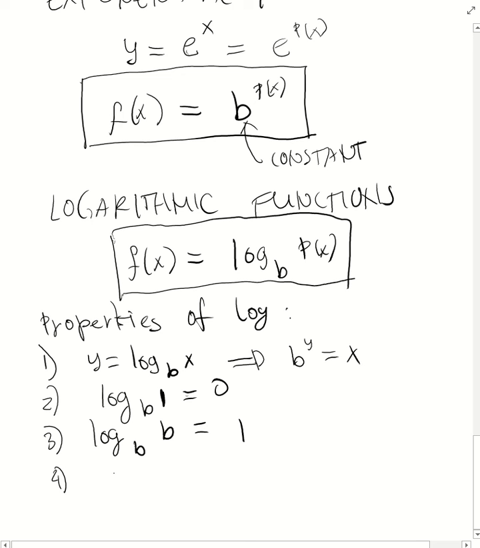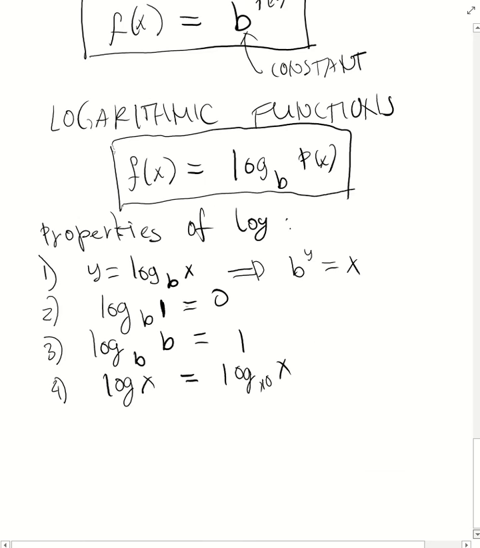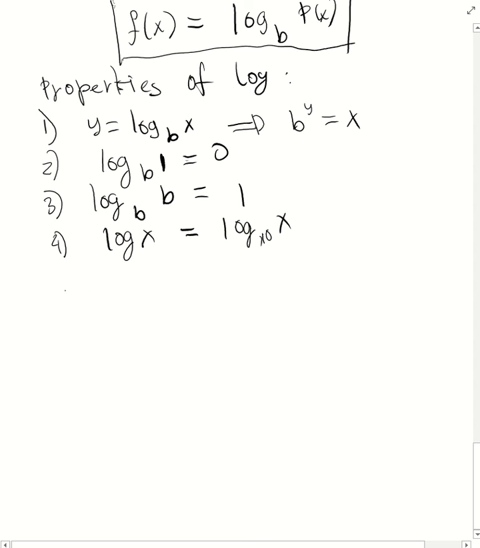And if you don't see any base, this means that it is to the base 10. And also if your base is equal to the constant e, then this is what we call the natural logarithm or the Napier logarithm, ln of x.